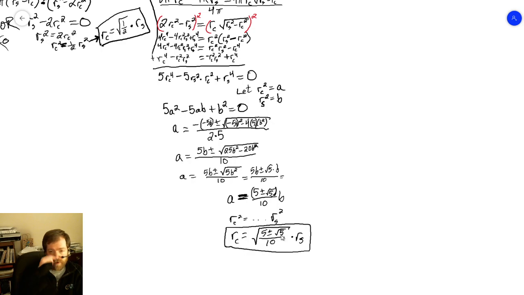5 plus root 5 inside of a square root divided by 10 gets us 27% or so of the size of the sphere. The radius of the cylinder is 27% the size of the radius of the sphere. And then if we do the negative one, it's going to get us 16.6%.